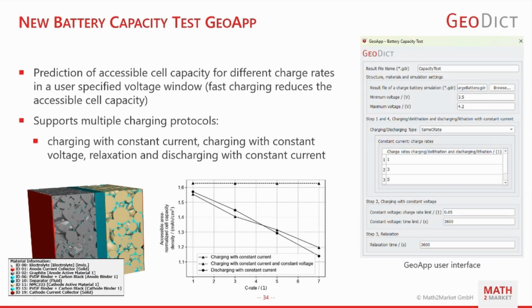And there's a new GeoApp now in BatteryDict that's called Battery Capacity Test. And this script allows you to predict the accessible cell capacity of battery structures for varying charging rates or voltage windows. The script runs one or multiple charging and discharging simulations using a specified protocol.